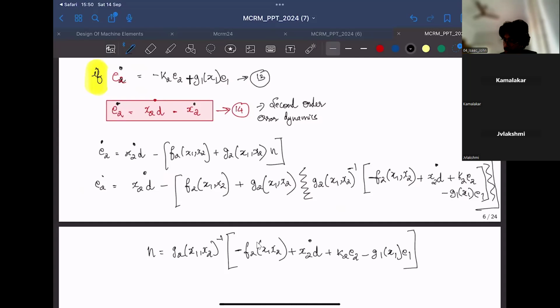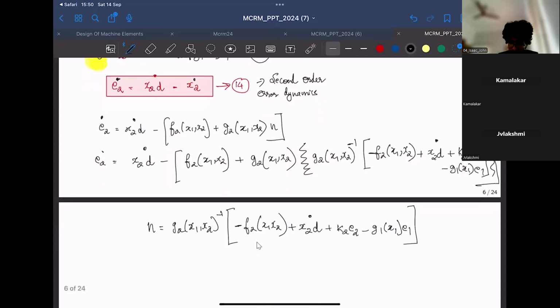Unless I am very much wrong, that will be our control input for this cascaded control.